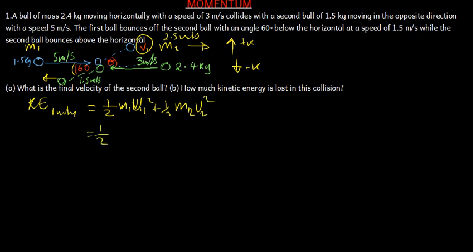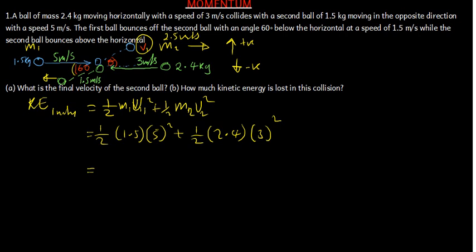So m1 is 1.5. The initial velocity of m1 is 5 squared, and then m2 is 2.4. The initial velocity, where we are not interested in the direction, even if we were interested in the direction, because we are squaring this, even if we had put a negative there, it will still cancel out. So we are finding the energy and we are not interested in the direction really.